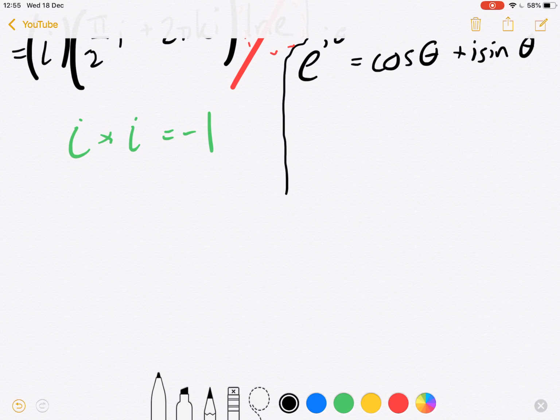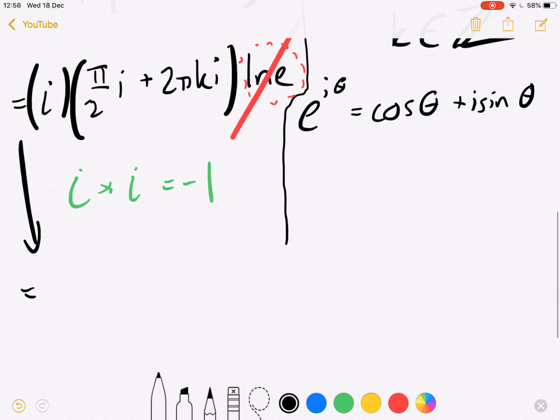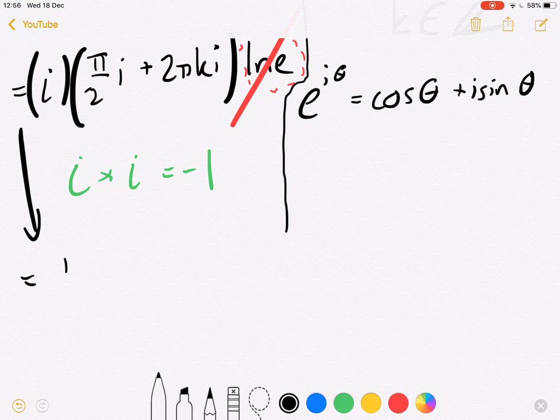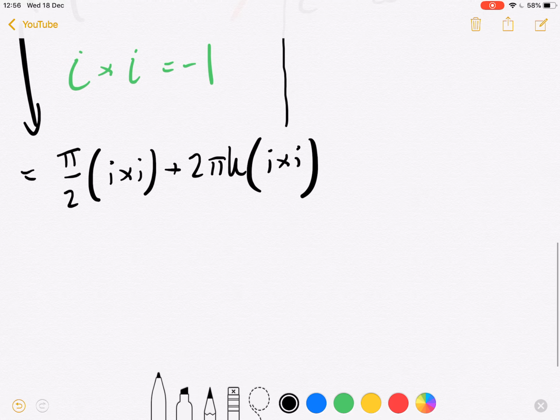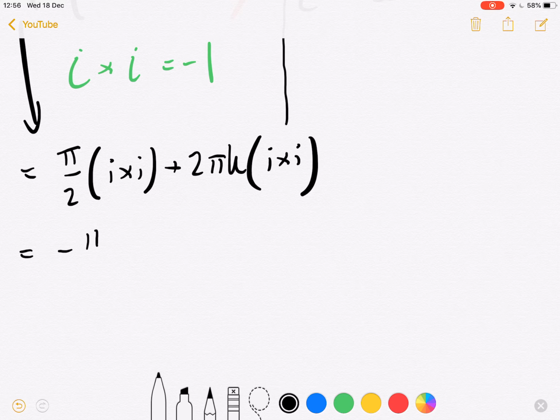So this is equivalent to pi over 2 i times i plus 2 pi k i times i, which is minus pi over 2, plus, well, we will do minus 2 pi k.